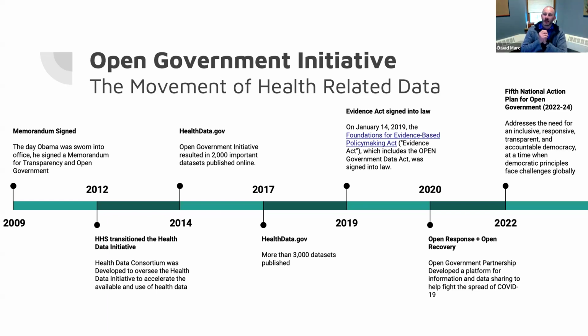In 2022, the fifth National Action Plan for the Open Government was drawn together, outlining steps that were needed to address inclusive, responsive, and transparent accountability for federal agencies. That national plan expires in 2024, and it's intended to outline further goals and initiatives for having federal agencies adopt these practices to publish more data.